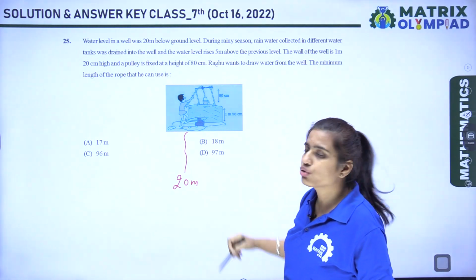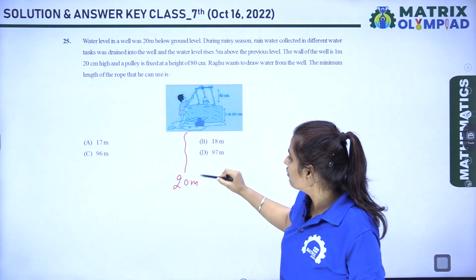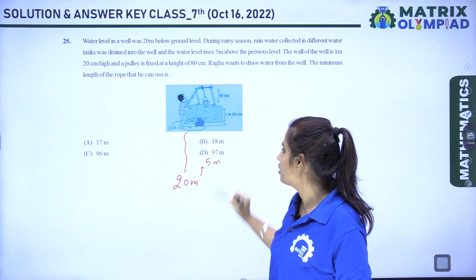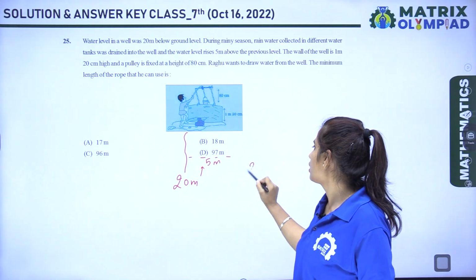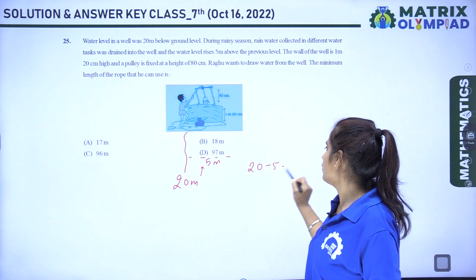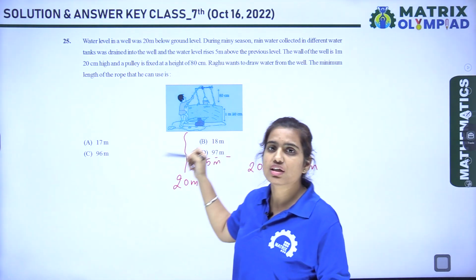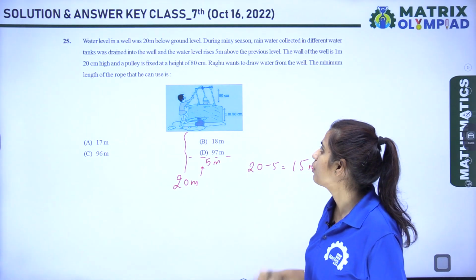So according to the question, after rain, the water level rises by 5 meters. Now the level of the water will be 20 minus 5, which is equal to 15 meters. Now the water is below ground level, that is 15 meters.